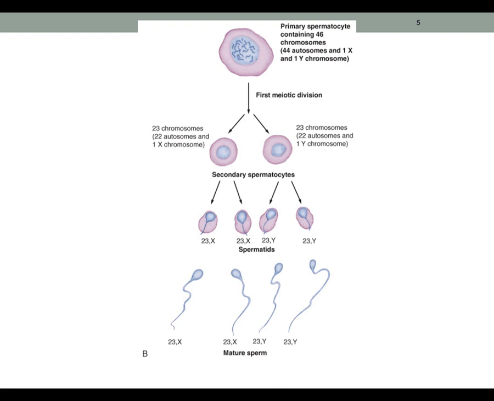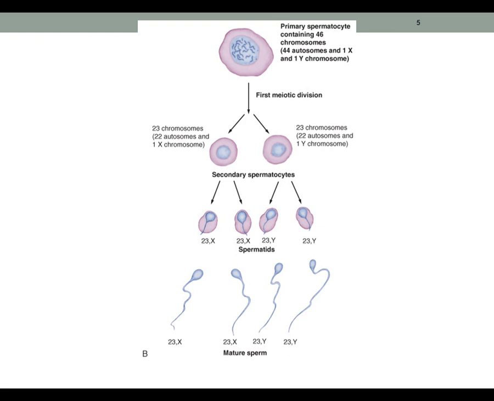So then these 2 cells further split, produces 4 cells. And so there's going to be 2 female producing and 2 male producing. So every spermatocyte produces 4 mature sperm, 2 males and 2 females.